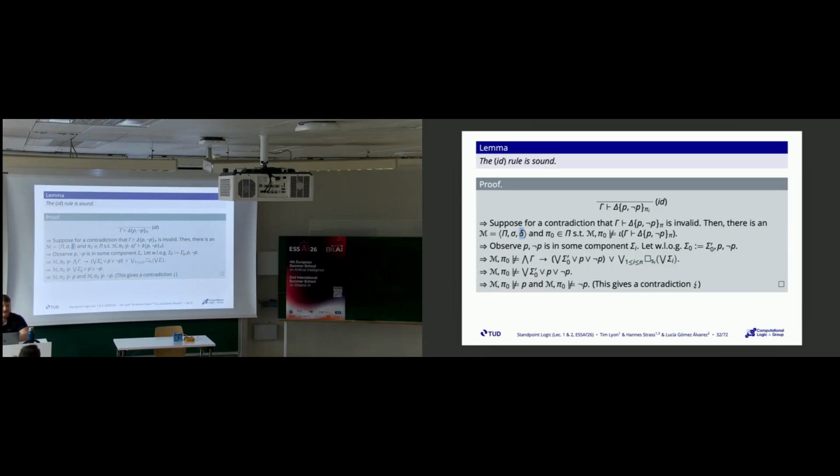So either a propositional atom will be true or not true at a precisification. You cannot have this situation arising. This gives a contradiction, and what that means is that any instance of the ID rule is valid. So any nested sequent which satisfies this property is automatically going to be valid.